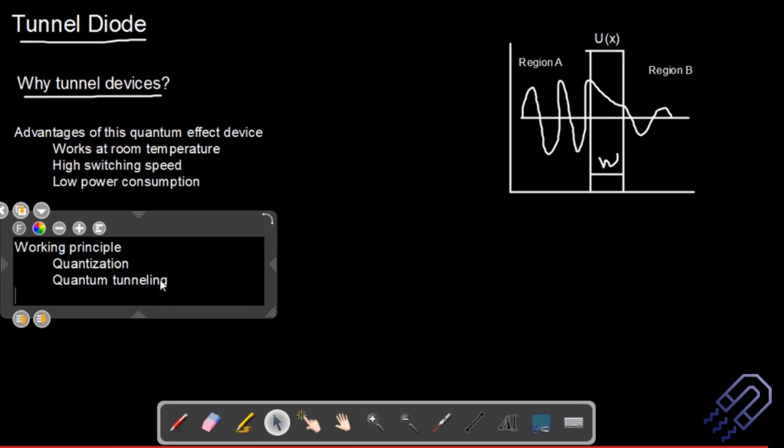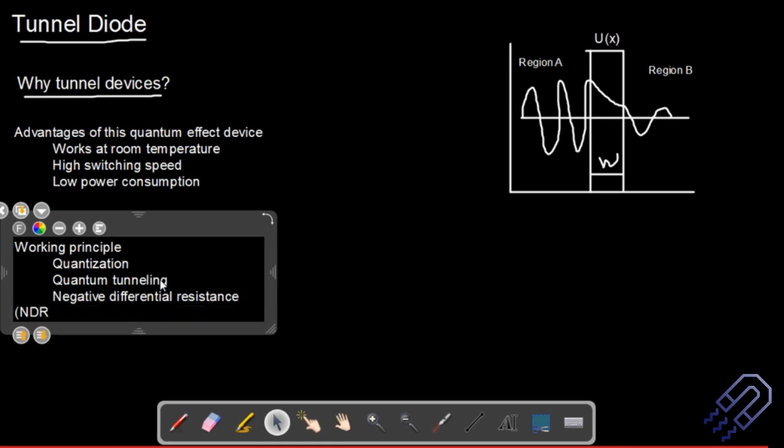Then there is something else called negative differential resistance. What does it mean? The term negative is important here. In general, whenever you increase the voltage, the current will increase. But in tunneling devices, what happens?